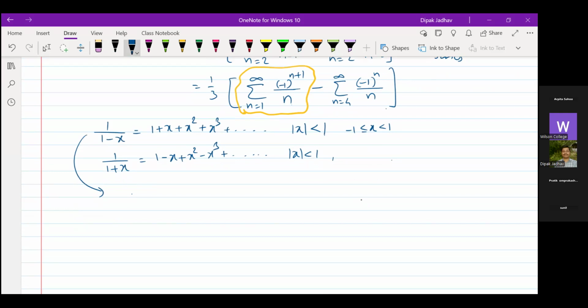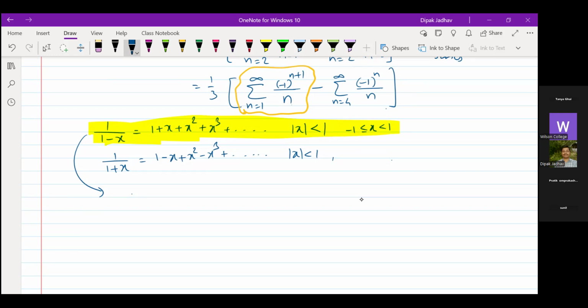I hope the first expression is okay for all of you. This highlighted yellow. Is this fine for all of you? Yes, sir. So this is a kind of power series. It's not difficult to observe the equality of these two.